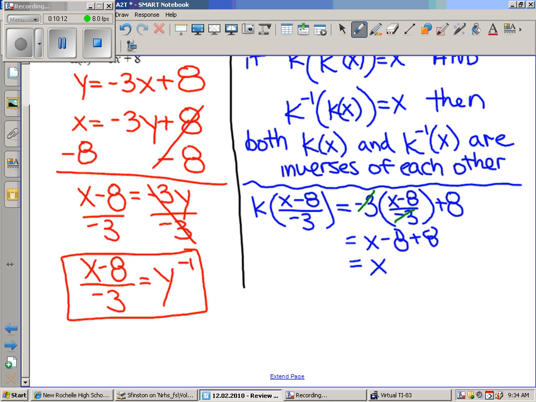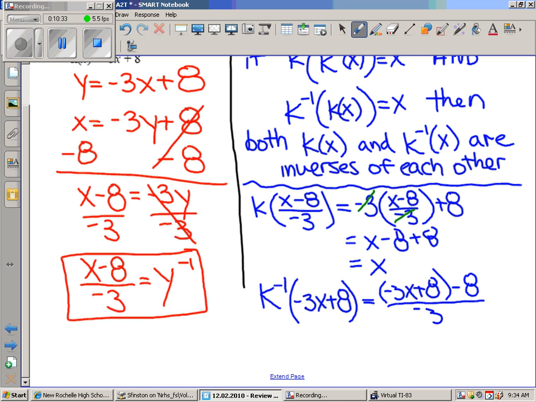Let's take the original, and let's sub it into the inverse. So we've got to sub in negative 3x plus 8. We're going to sub it into negative 3x plus 8 minus 8, all divided by negative 3. Well, the top reduces. This and this are just going to cancel away, and you're left with negative 3x.